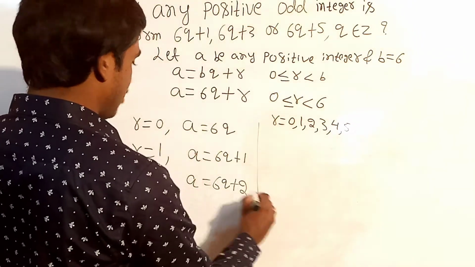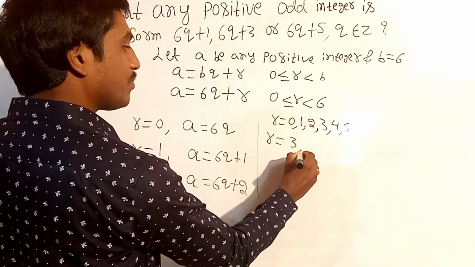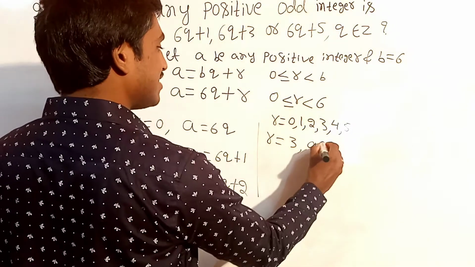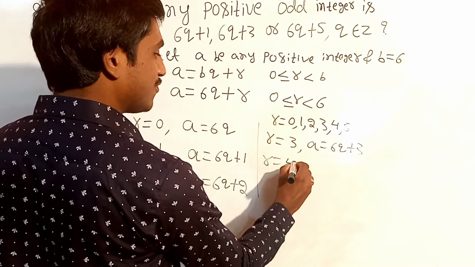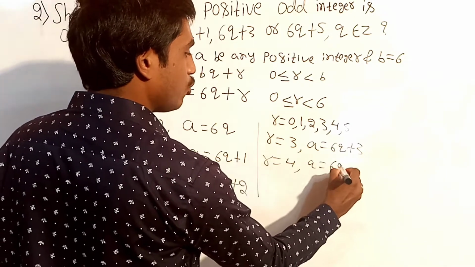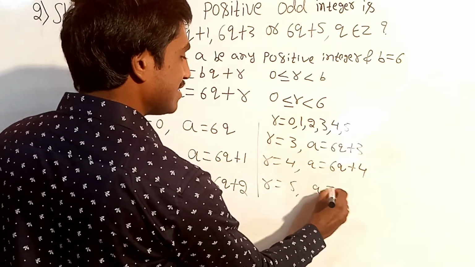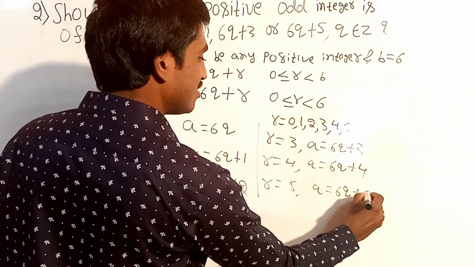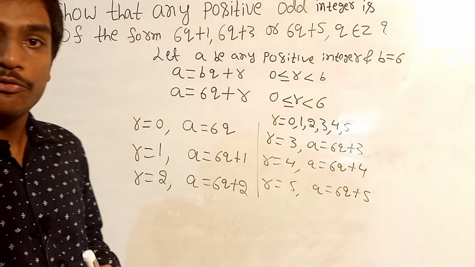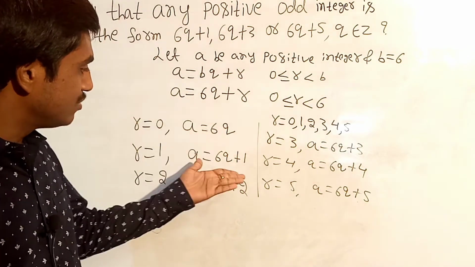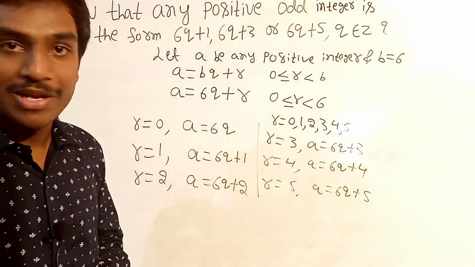If r is 3, then a is 6q plus 3. If r is 4, then 6q plus 4. If r is 5, then a is 6q plus 5. So these are the possible values of a, that is a might be equal to 6q, 6q plus 1, 6q plus 2, 6q plus 3, 6q plus 4 and 6q plus 5.